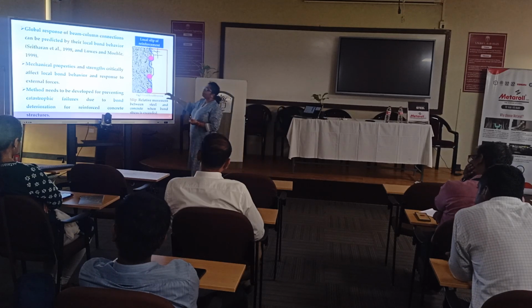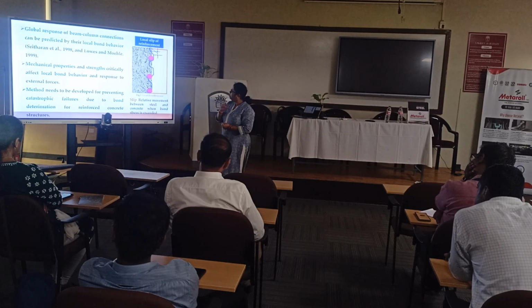Now, let's say the concrete is completely mature, and you have a steel bar on which a pull-out test is done. Let's say you apply the maximum pull, and the steel comes out. How will the concrete fail? First of all, it crushes locally.